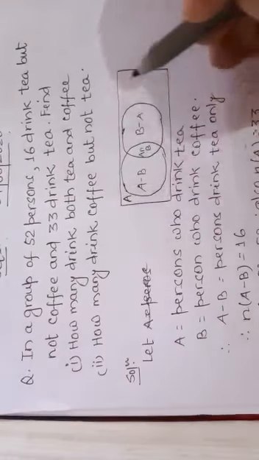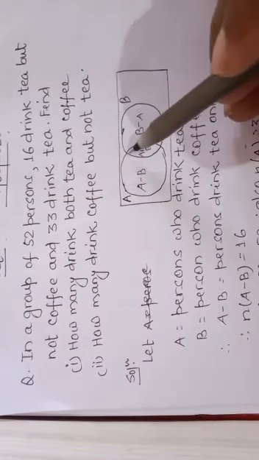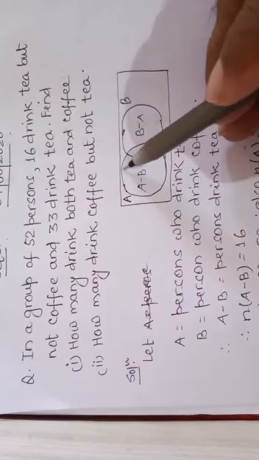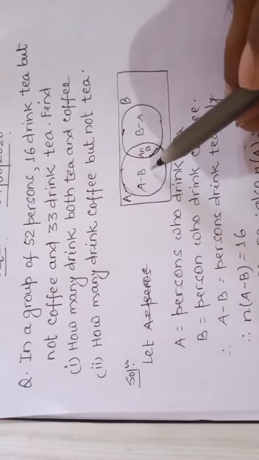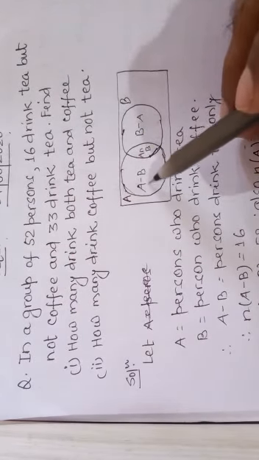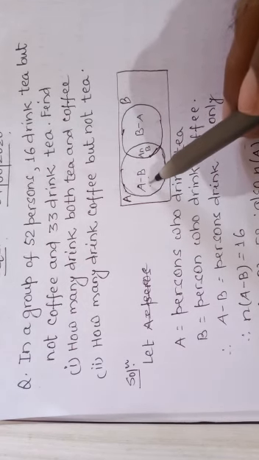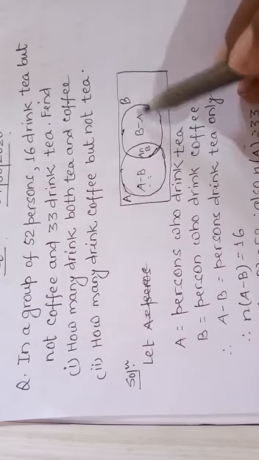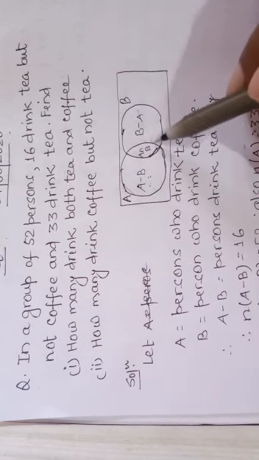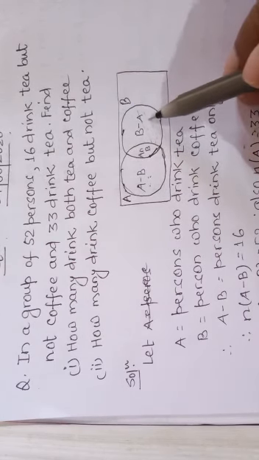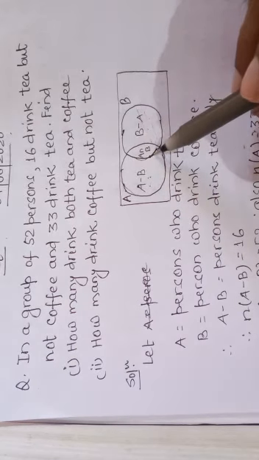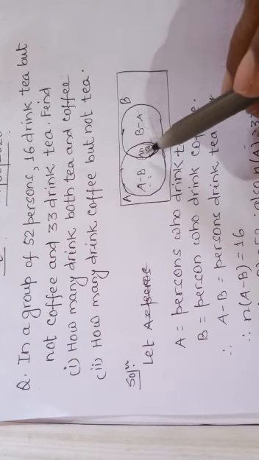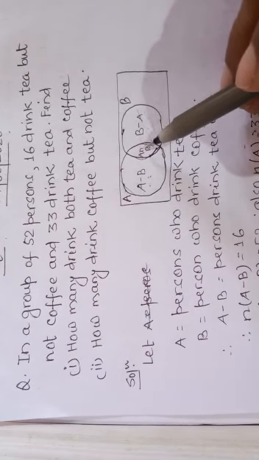So this is set A and this is set B. See the students, this part is the part of set A which does not contain any part of B, so it is represented by A minus B. Similarly, the other part, containing only part of B, not A, is represented by B minus A. But between them, this is the common part of A and B, so it is represented by A intersection B.